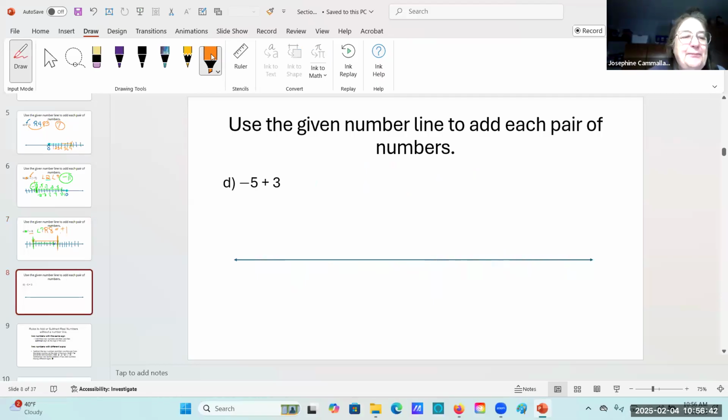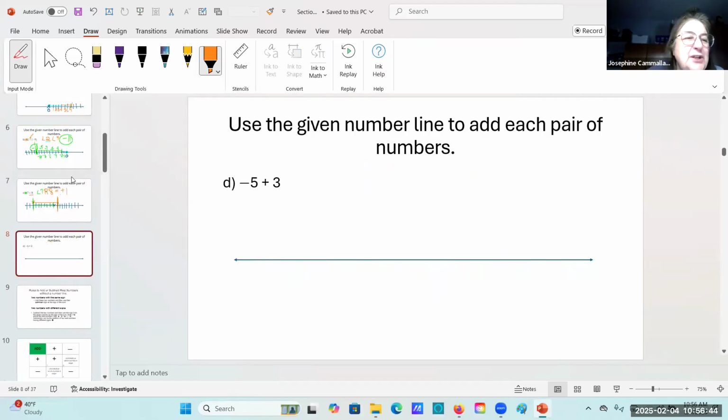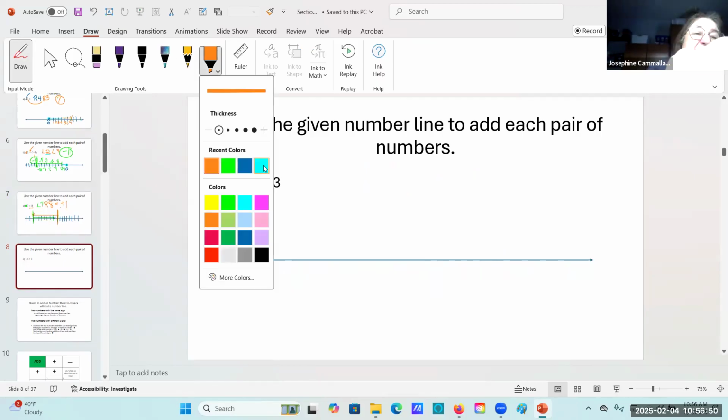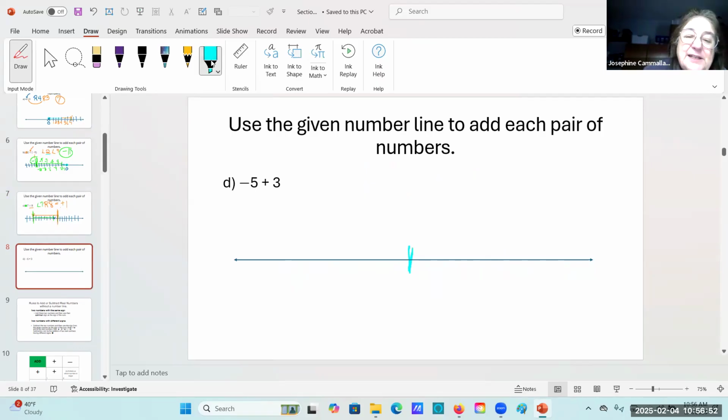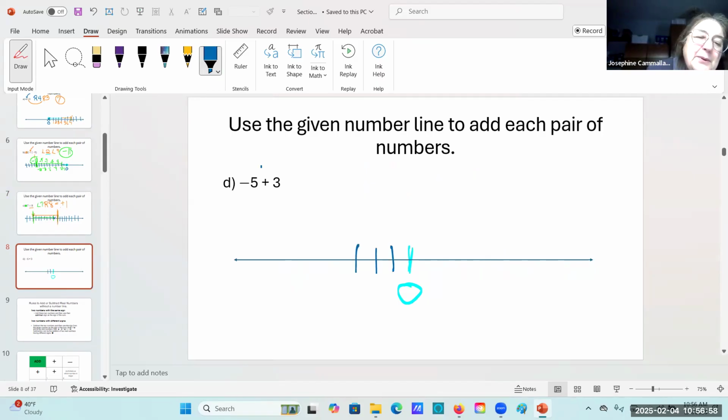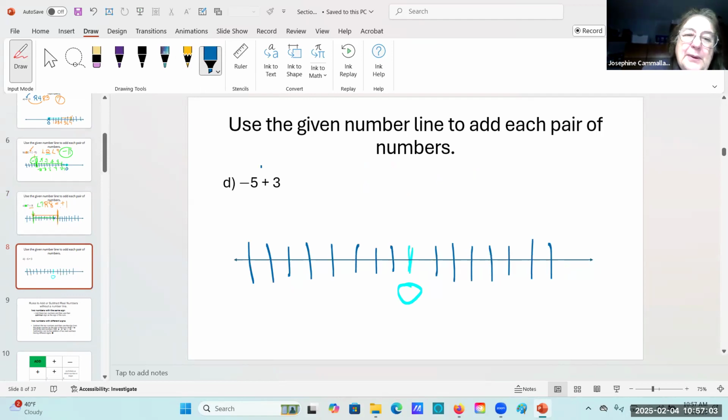And then my last one. I happen to have -5. And remember, this is my 0. From here, this means left 5. 1, 2, 3, 4, 5.